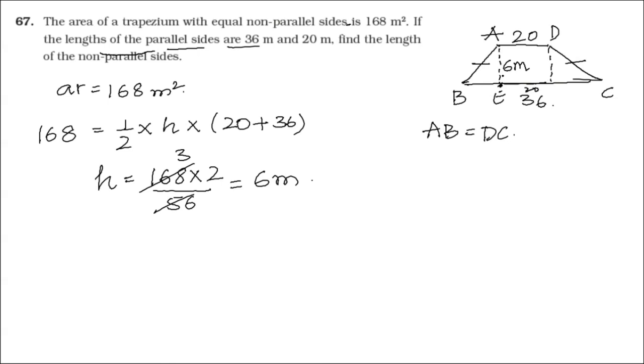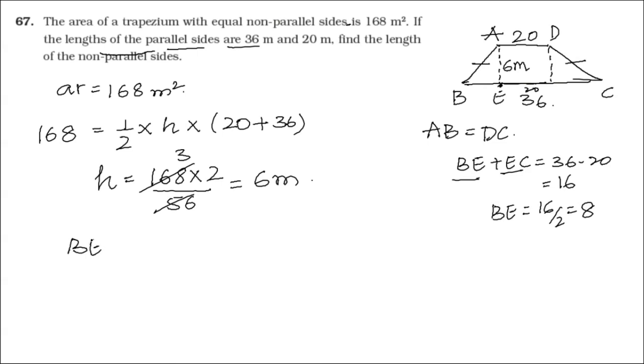It becomes a parallelogram. So the length of BE plus EC will be equal to 36 minus 20, which is 16. These two parts will be equal, so the length of BE is 16 by 2, which is 8.